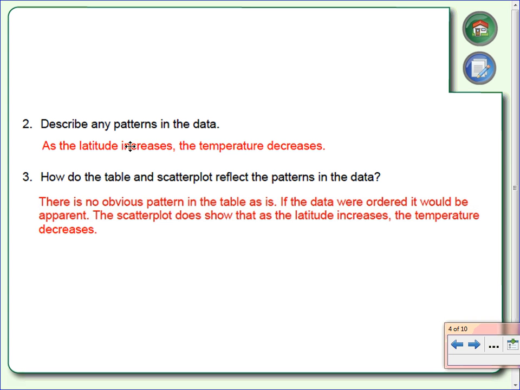As the x's get larger, the y's get smaller. I'm looking specifically at that last sentence. The scatter plot does show that as the latitude increases, the temperature decreases. As the x's are getting larger, the y values are getting smaller.